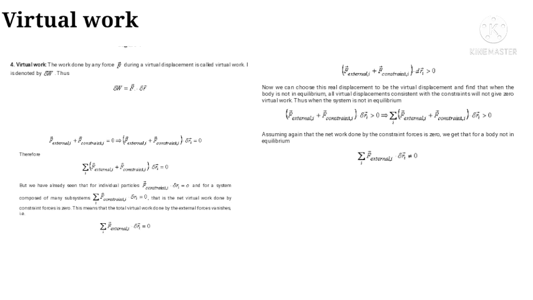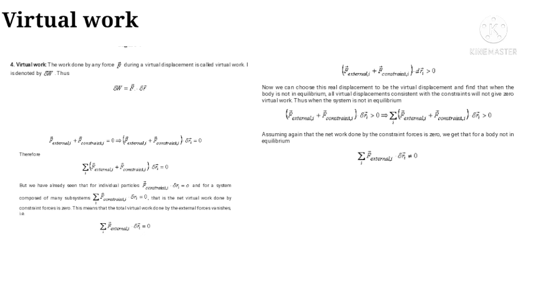For the sufficient condition, this is proved by showing that if the body is not in equilibrium, the virtual work done by the external force does not vanish for an arbitrary virtual displacement. If the system is not in equilibrium, it will move in the direction of the net force on each particle during the real displacement dr i.